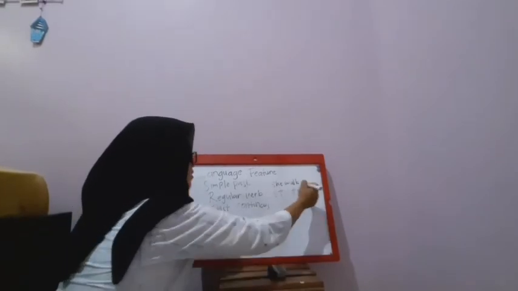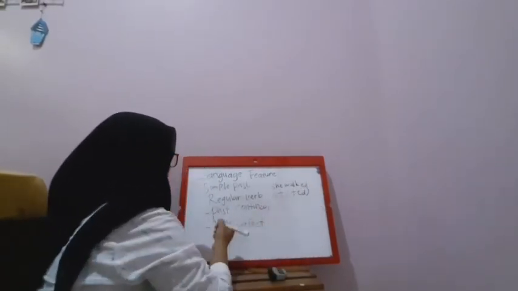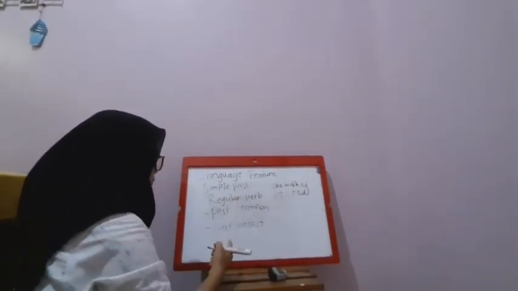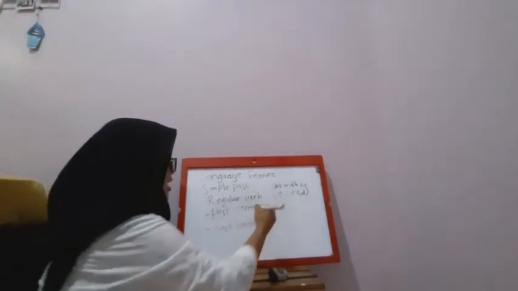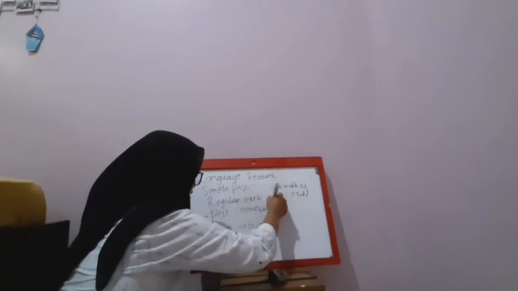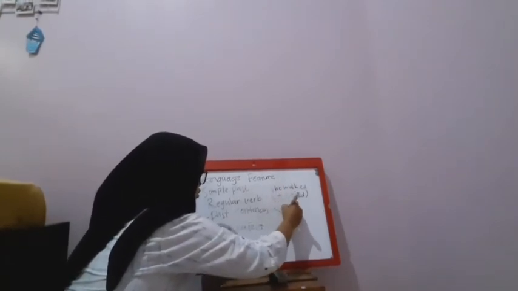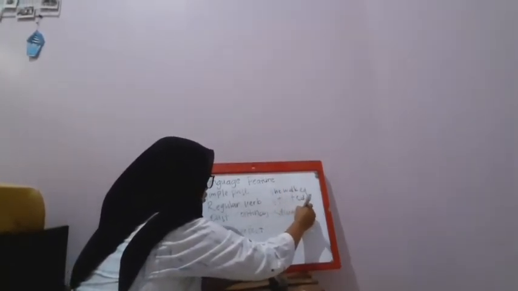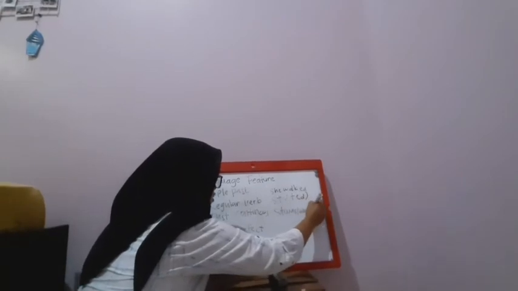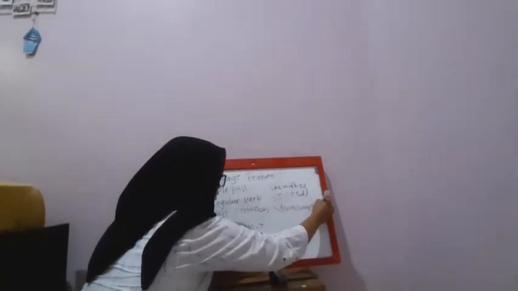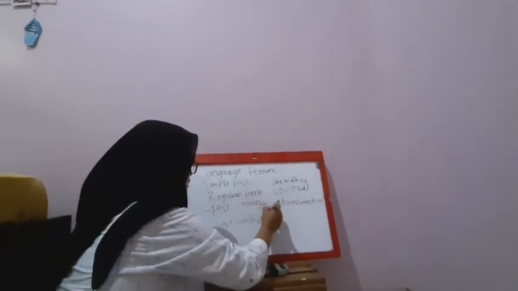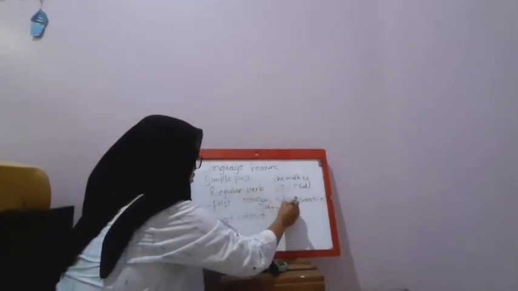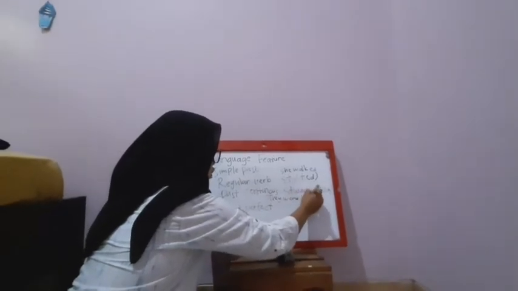So we need to add ed. And past continuous adalah kejadian di masa lampau yang sedang terjadi. Formulanya subject plus was/were plus verb-ing. Contoh kalimatnya adalah they were watching.